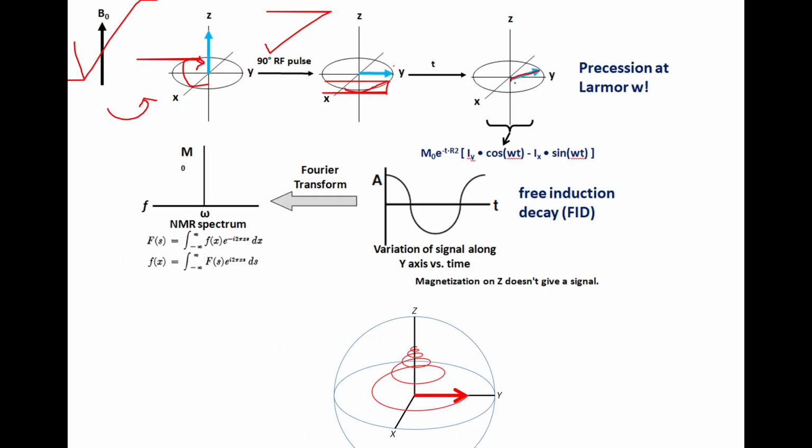So it will try to go to the original position, but it will travel through a spiral path once this 90-degree pulse is lifted, and there will always be a decay of this magnetic moment as it precesses through the xy plane and goes back to the z axis.